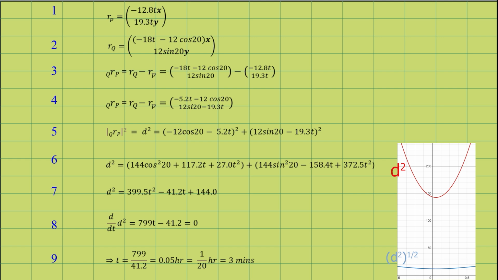Now notice I'm differentiating d squared, I'm not differentiating d, because the minimum point of d squared and the minimum point of the square root of that, which is d, is the same point, but it's easier to differentiate d squared than it is to differentiate d. And then you can see you get 0.05 hours, and that is a 20th of an hour. So in other words, 3 minutes. So 3 minutes after noon, the boats will be at their closest point.